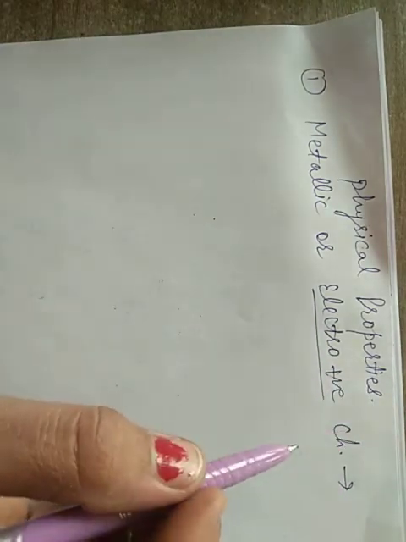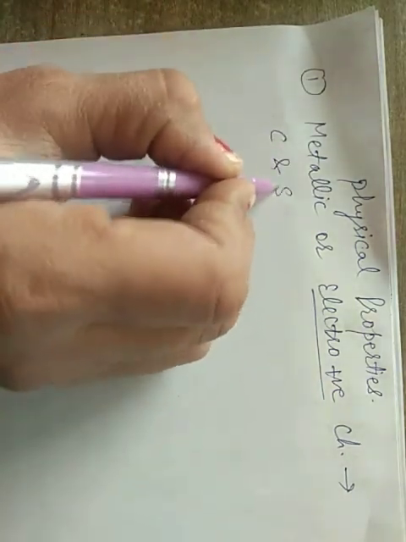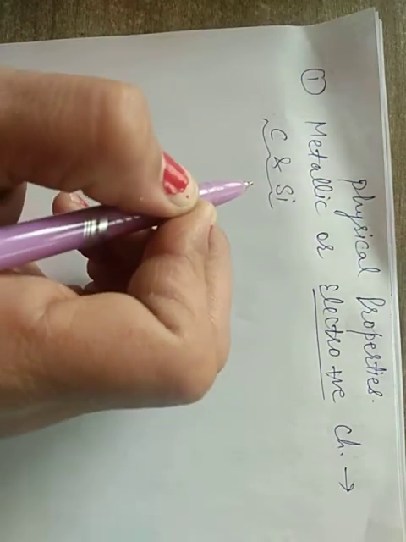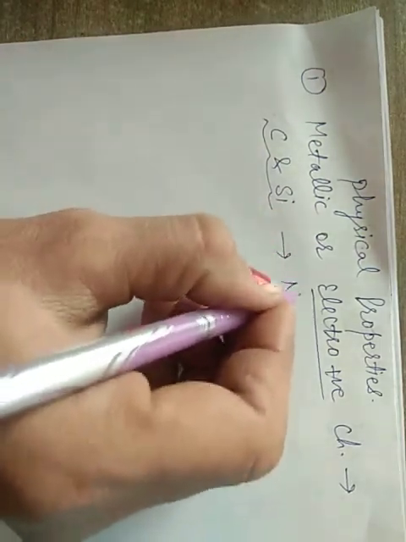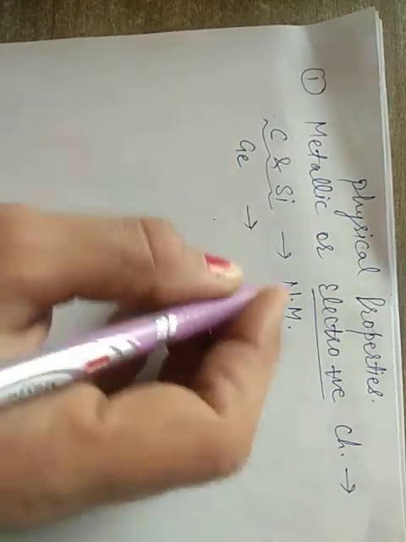The first two members of this group, carbon and silicon, are non-metals. And the middle one, germanium, is a semi-metal.